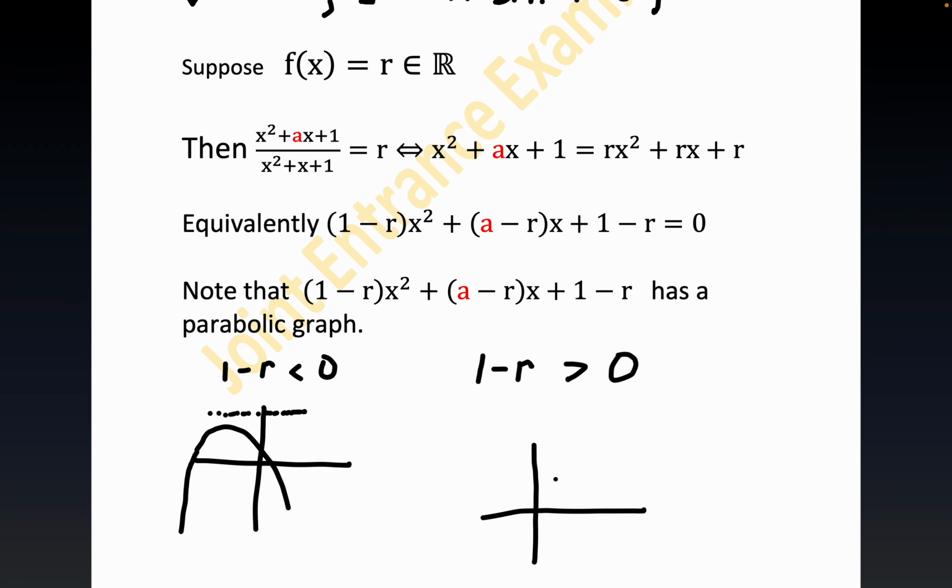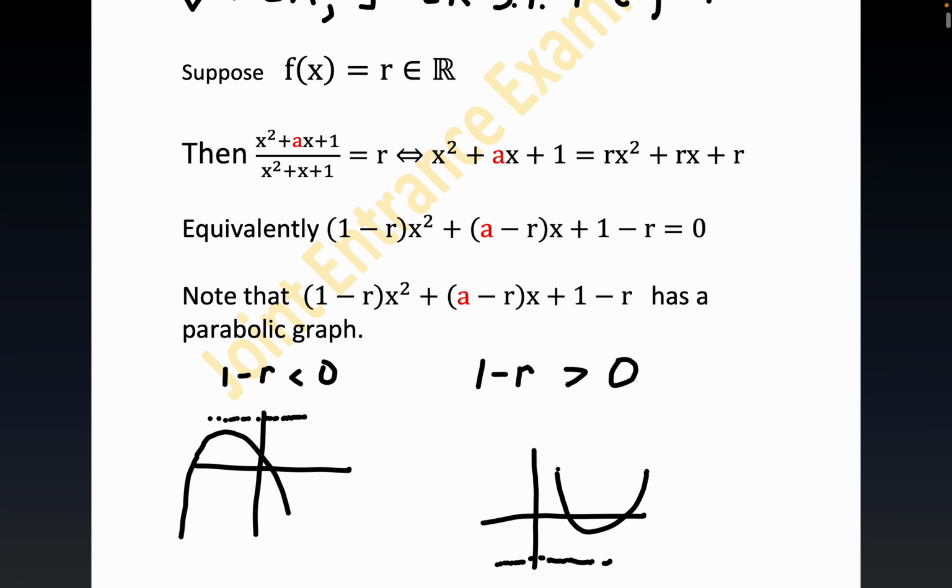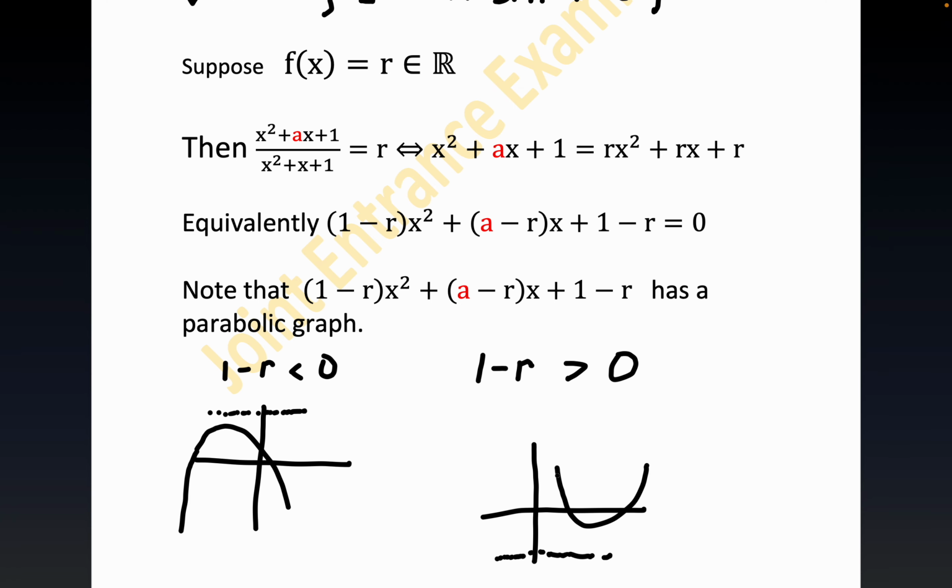You could find the vertex and all that if you wanted to, but let's say it might look like this. And again, you see you're going to have a horizontal line right underneath it that misses the graph. So from the graph, we know that the function cannot be onto, just from the graph.